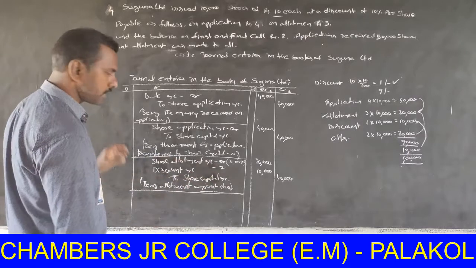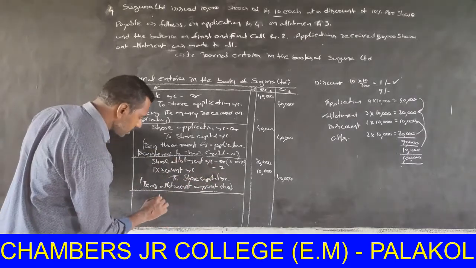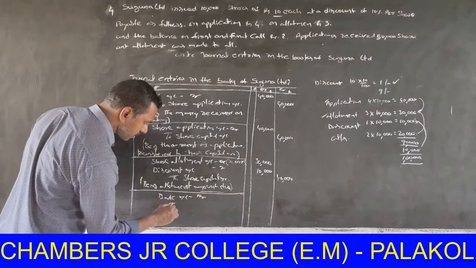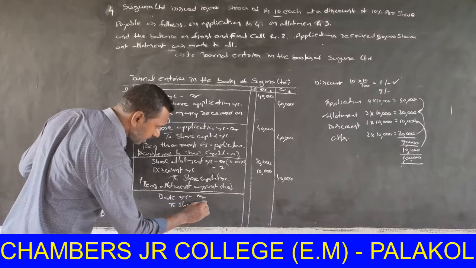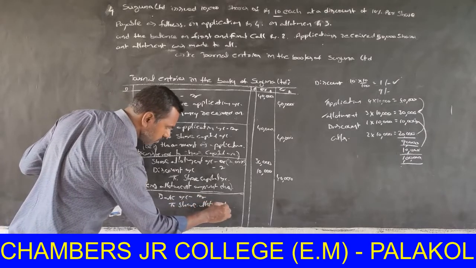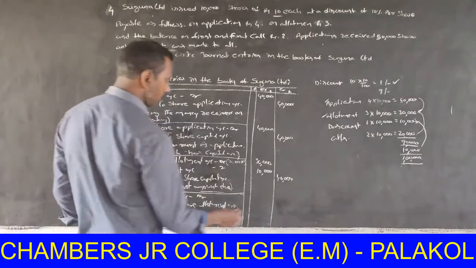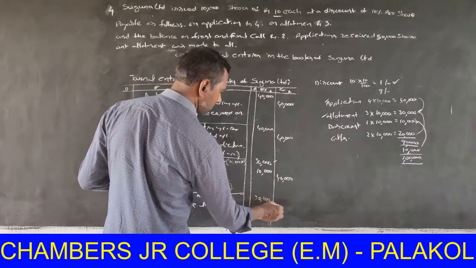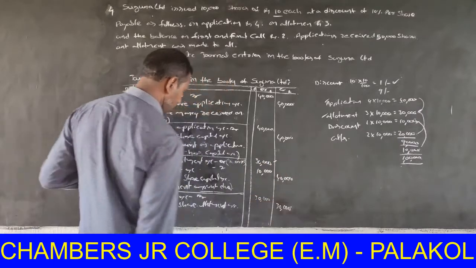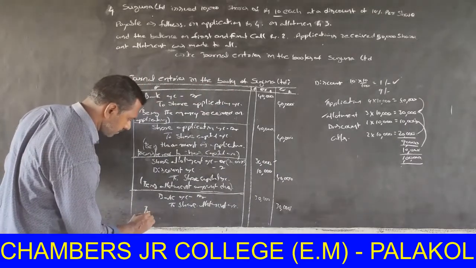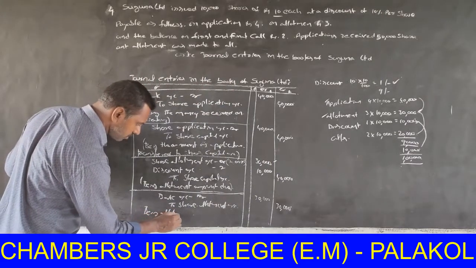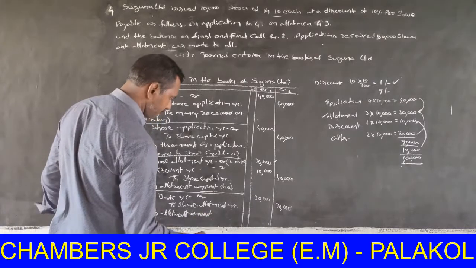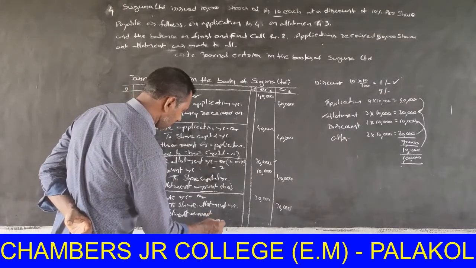Okay, now for collection of allotment money, the journal entry is bank account debit to share allotment account. The share allotment account rupees 30,000. Being allotment amount received.